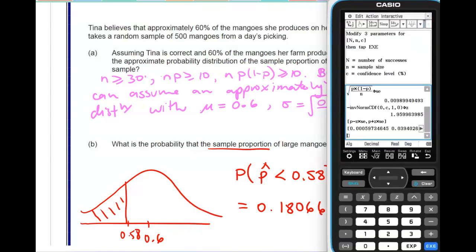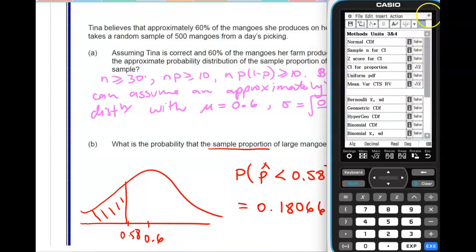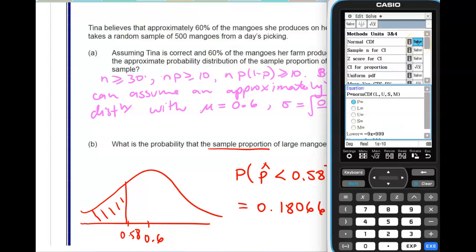Yes, so on your calculator, while I'm in the activity, we can do it here as a normal CDF. Probability is what we're trying to find. Lower bound will be negative infinity. The upper bound is 0.58.